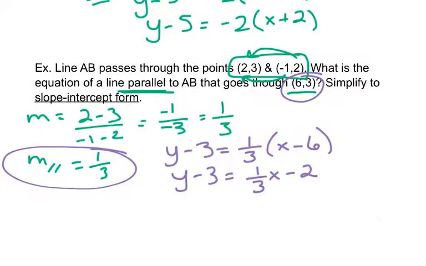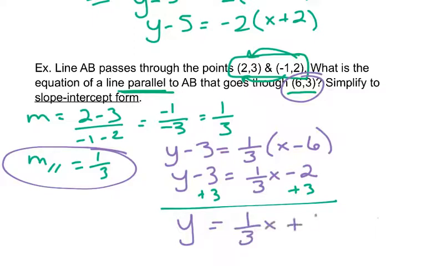And then slope-intercept form is where we have y equals mx plus b. So our last step here would be just to move that 3 over. We're going to add it over, and we get y equals 1/3 x plus 1. All right, that is our equation in slope-intercept form.